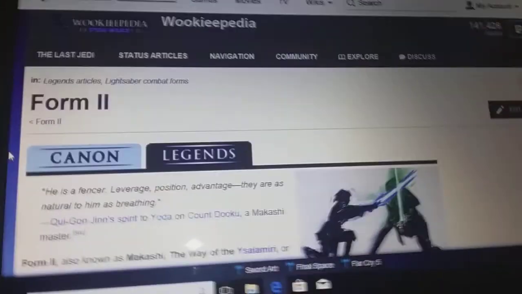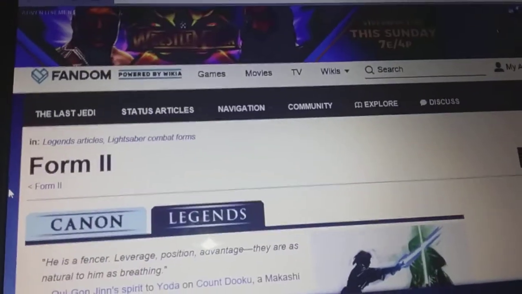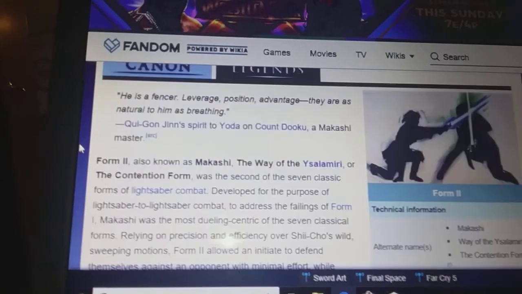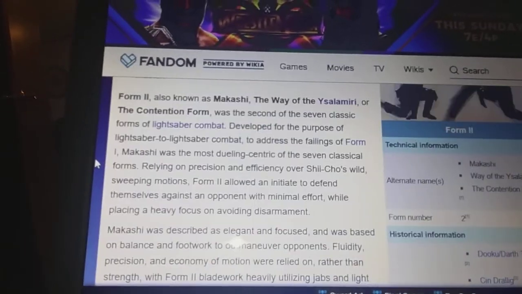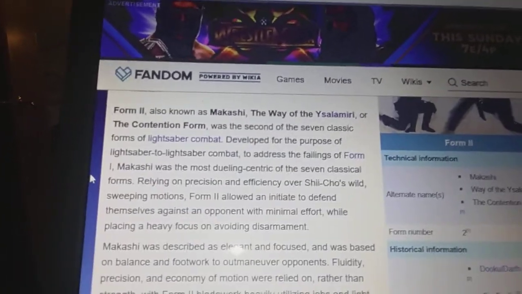I think this is in the legends section. It was actually developed... It's also known as the way of the Ysalamiri, or the contention form.